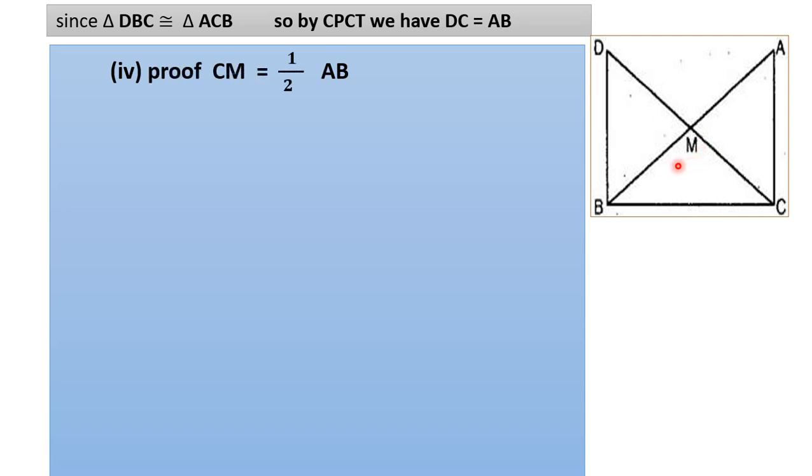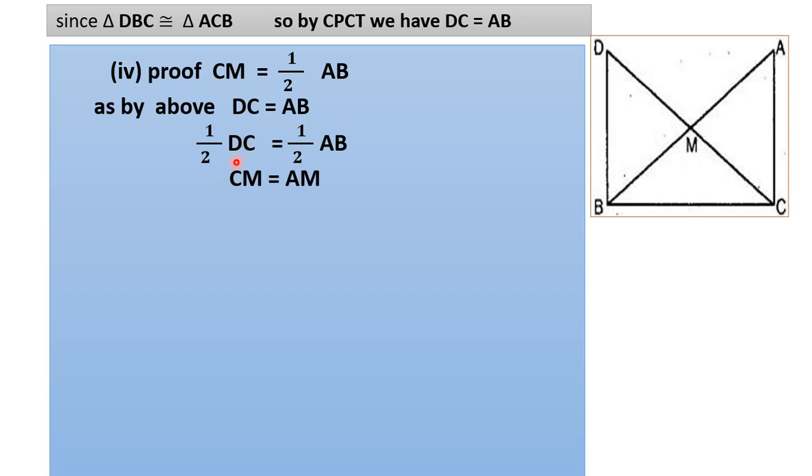Now proceed to the fourth part, where we have to prove CM is equal to half of AB. By CPCT we have DC equal to AB, so we can take half of the equation DC is equal to AB. So half of DC is equal to half of AB.